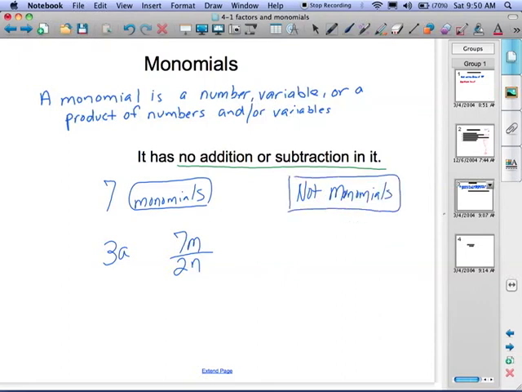Examples of what make up a not monomial: 2 plus b. It has addition in it. 3 times the quantity n minus mp is not a monomial because it has addition or subtraction in it. So part of your work tonight will require you to decide if something is a monomial or not a monomial.